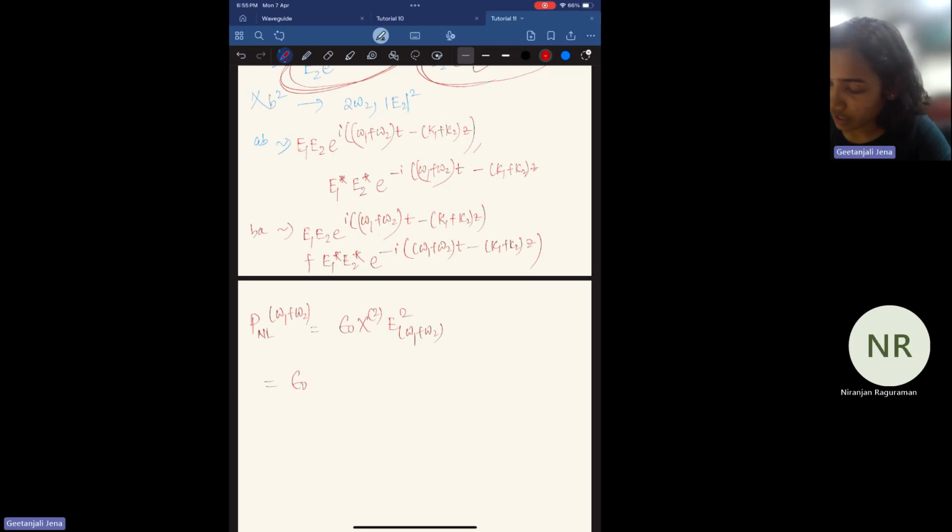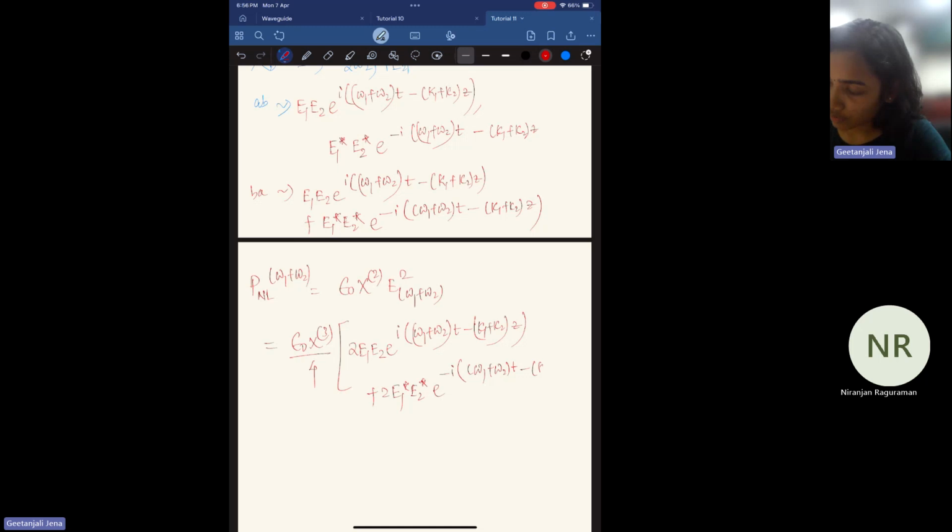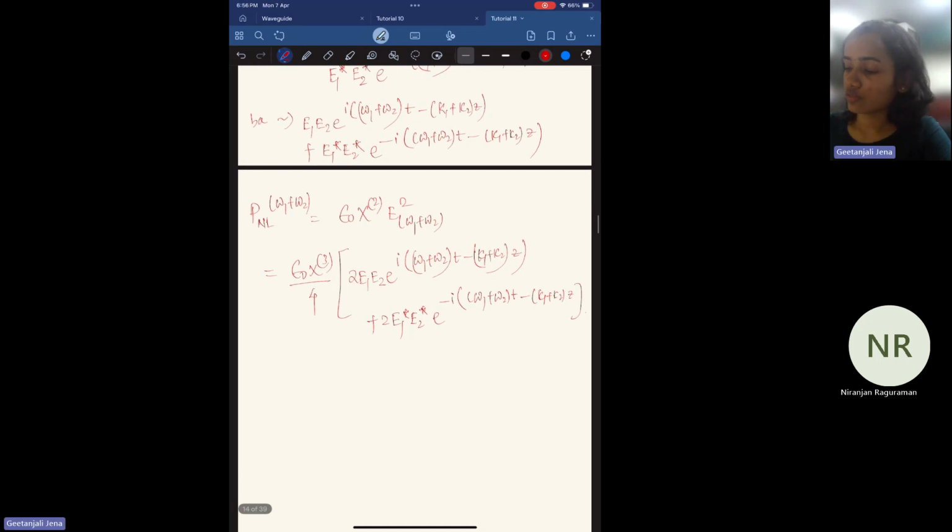So this is nothing but epsilon naught chi 2 by 4 times 2 E1 E2 e to the power i(omega 1 plus omega 2)t minus (K1 plus K2)z, plus the complex conjugate part, which is E1 star E2 star e to the power minus i(omega 1 plus omega 2)t minus (K1 plus K2)z. So this is the answer.